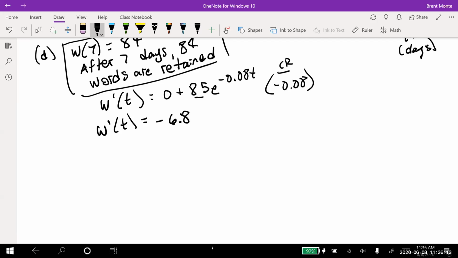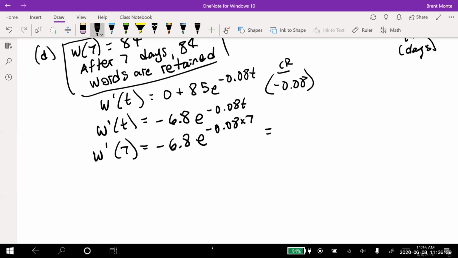That's the 85 times the negative 0.08. So it's negative 6.8 e to the negative 0.08 t. And so now I can figure out W prime of 7 by just plugging that in, negative 6.8 e to the negative 0.08 times 7.